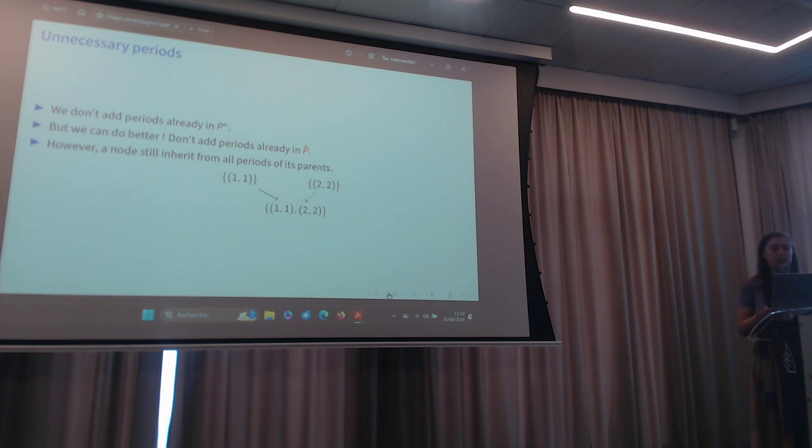You need to go through the whole termination proof of Upcroft and Pensio and see that we never really used the value P star, where P is the set of periods to which the branch stabilizes. We only used the value of the cone. So we don't really care about what will be the final value of P star in the branch. We only care about the final value of the cone. And so if you have a new period which is already in the cone, you simply don't add it.